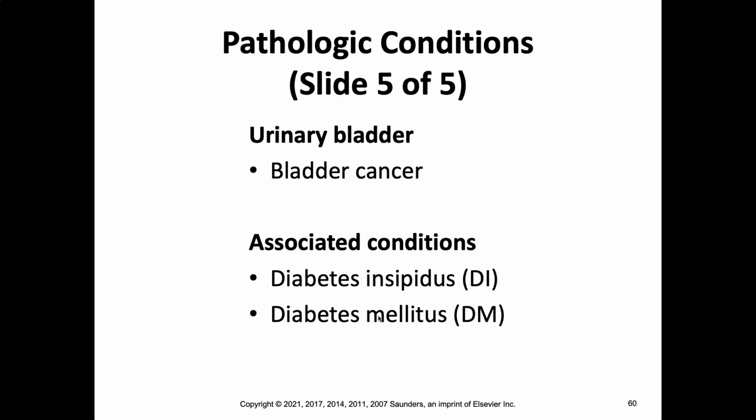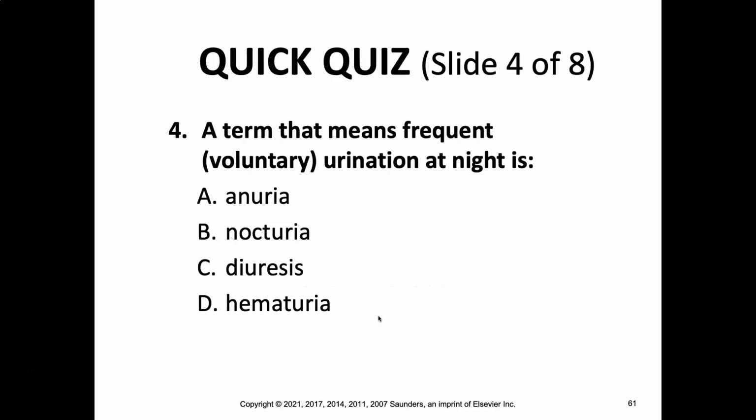And we will talk about these when we get to the endocrine chapter in several weeks. A term that means frequent urination at night. Frequent at night. So look for urine and then look for something that might mean night. And that will help you find this one.